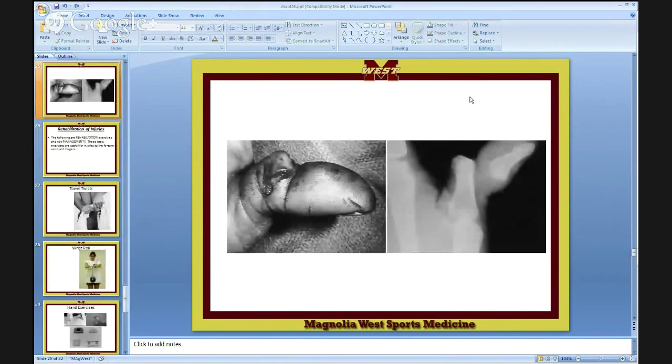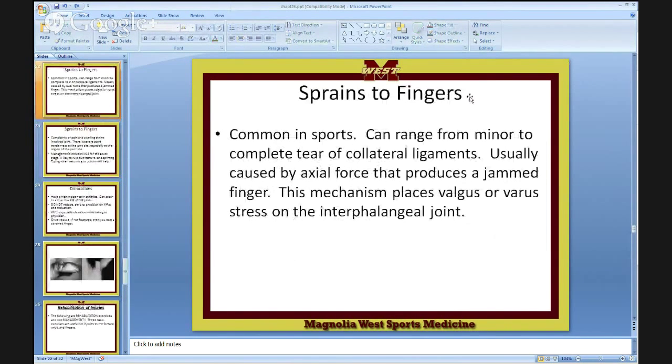Number 22. Slide 22. Blank is caused by a mechanism that places valgus or varus stress on the interphalangeal joint. What happens then? Sprains to the fingers. Yes.